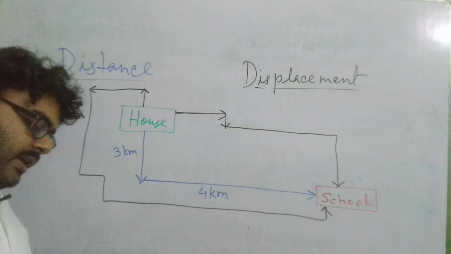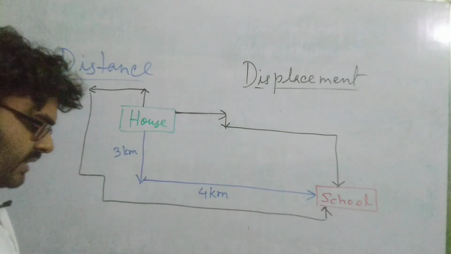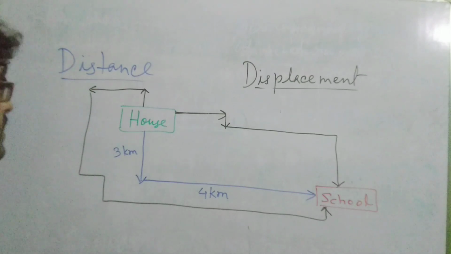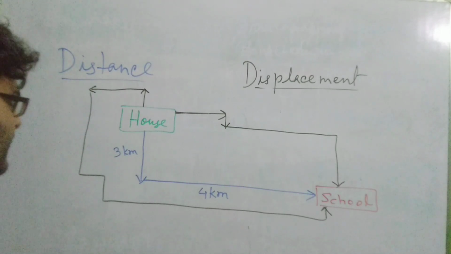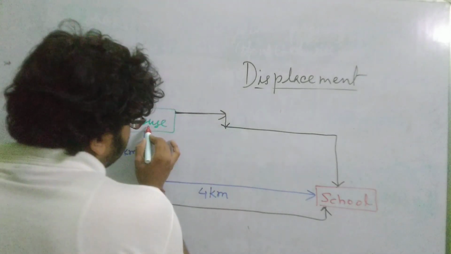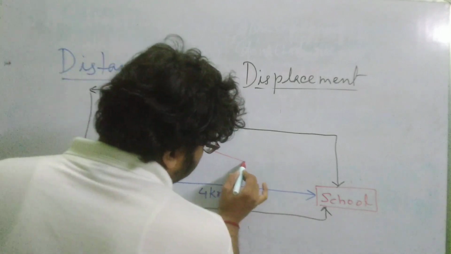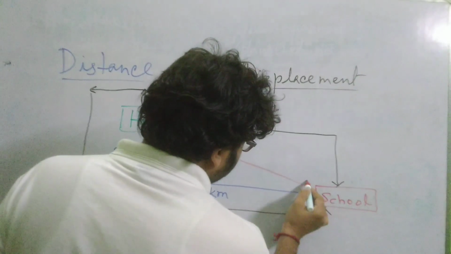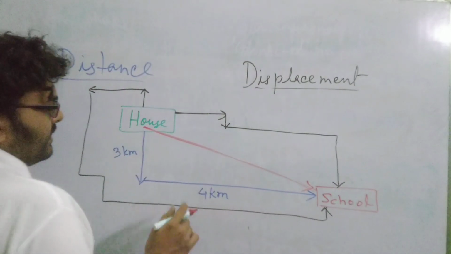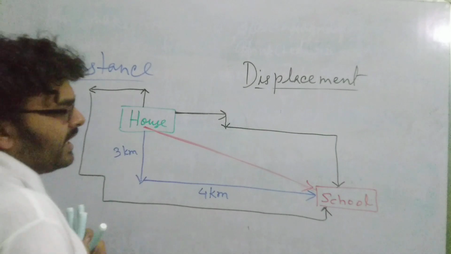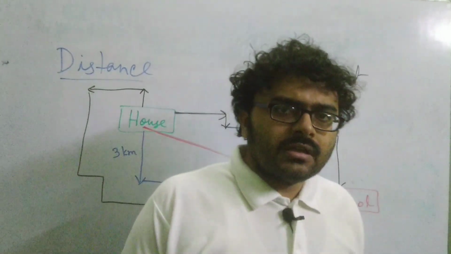Now if I say that there is a helicopter facility available to you, and you can fly directly in this direction, so if you fly directly in the southeast direction by a helicopter, the helicopter will not follow these roads.